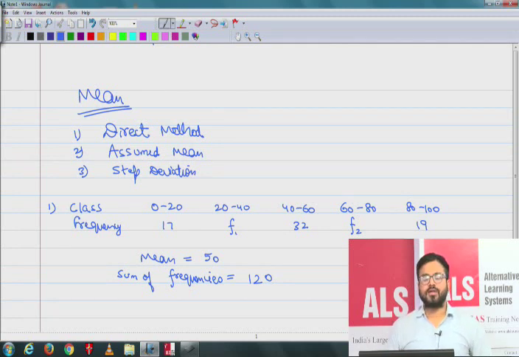It is not mentioned which method you have to use. You can use the assumed mean method or the step deviation, if you think it is required; otherwise you can do it in your own way.